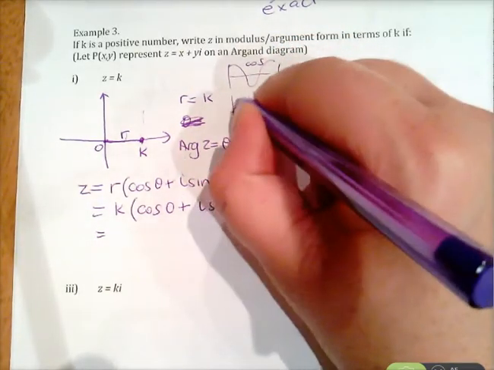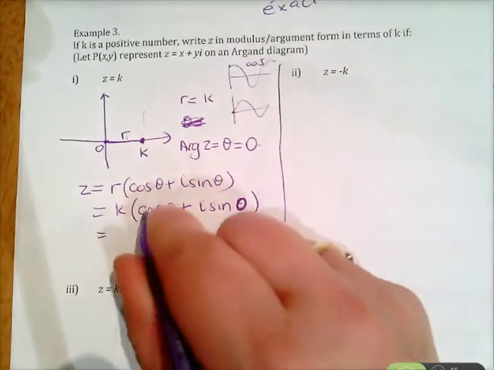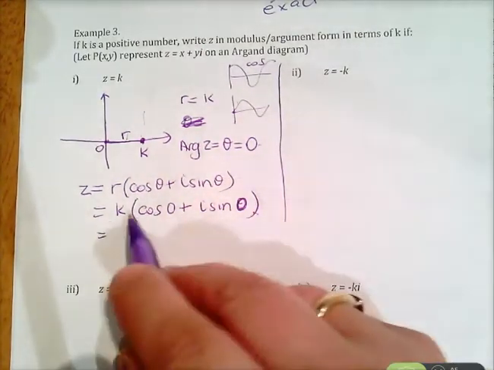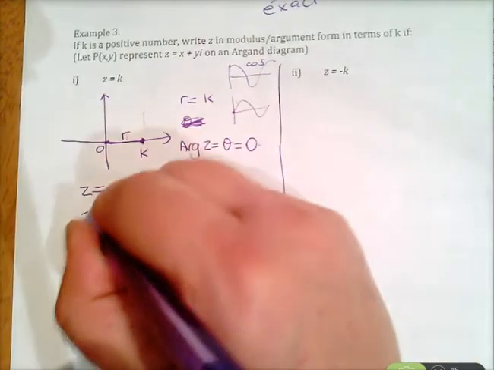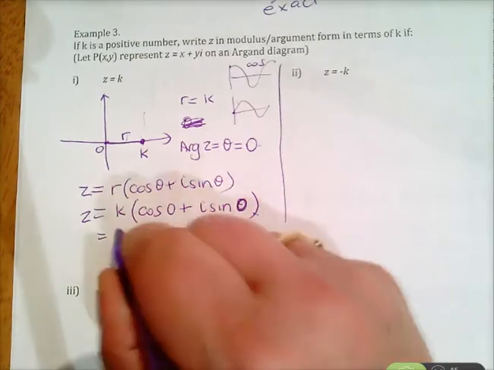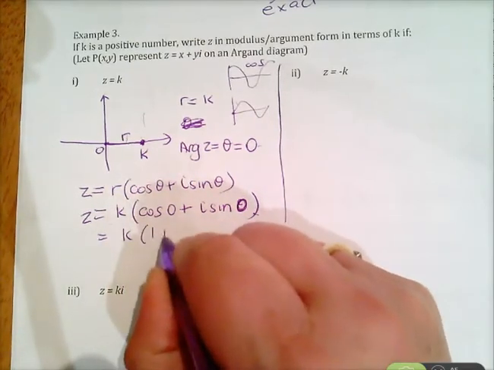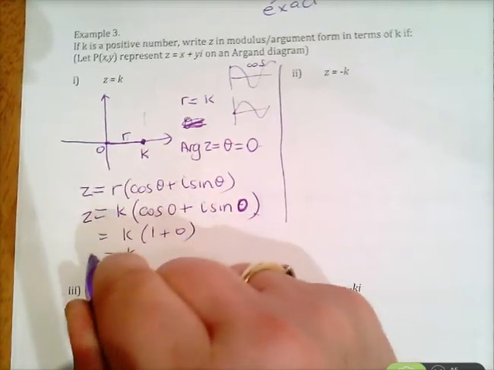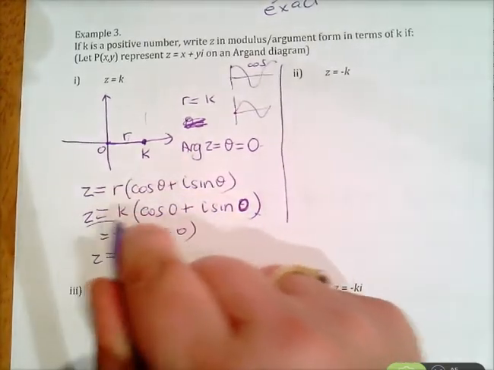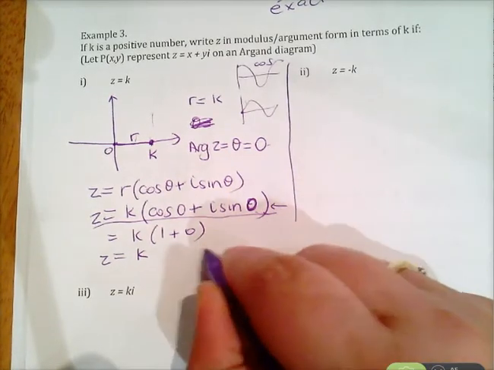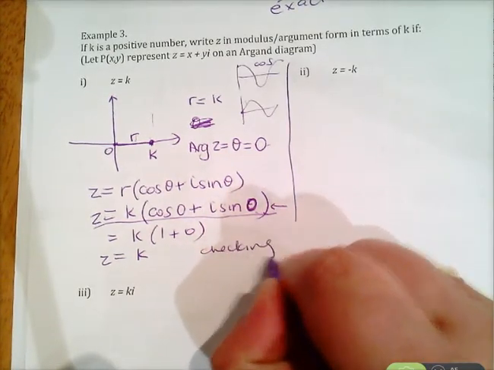Sine 0 is 0. So this is my answer: z equals k bracket cos 0 plus i sine 0. But if you just look at that, cos 0 is 1, sine 0 is 0, I end up with k. z equals k, which is what I started with. So yes, this is my answer here. This is just checking, and it was correct.